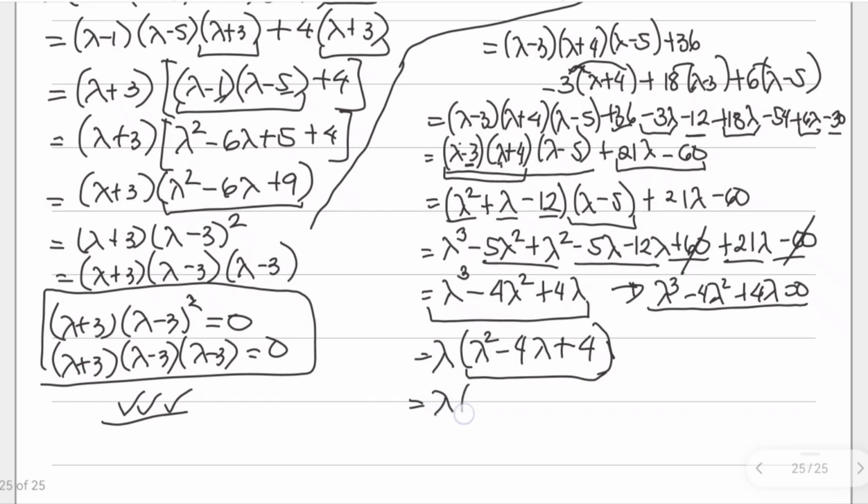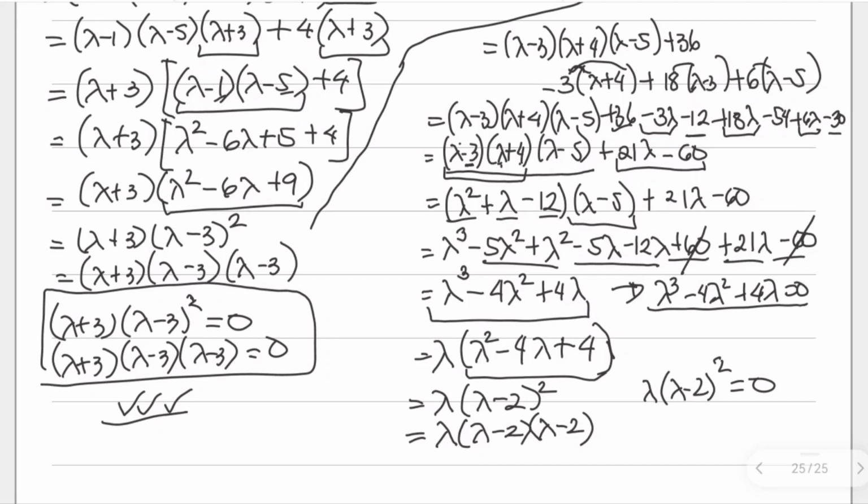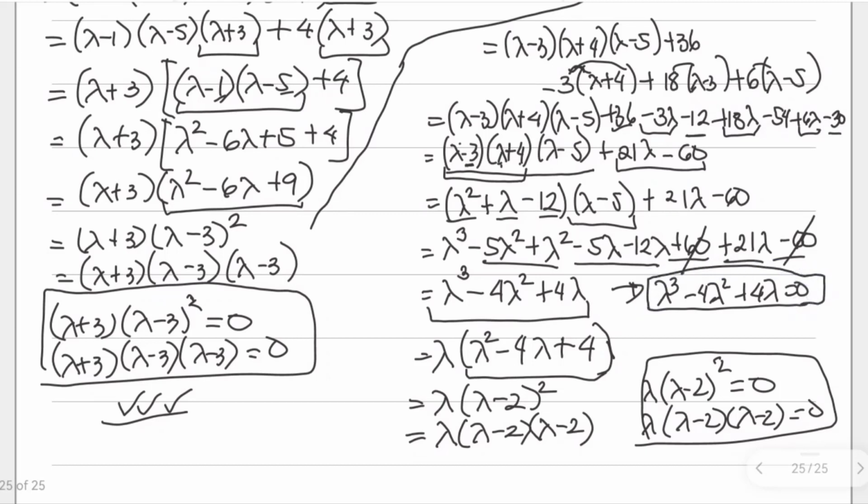You have lambda times lambda minus 2 times lambda minus 2. Then if you equate this to 0, you will have lambda times lambda minus 2, or the square of it, equal to 0, or even lambda times lambda minus 2 times lambda minus 2 equal to 0. These are correct characteristic equations, but again, this is also the same as this.